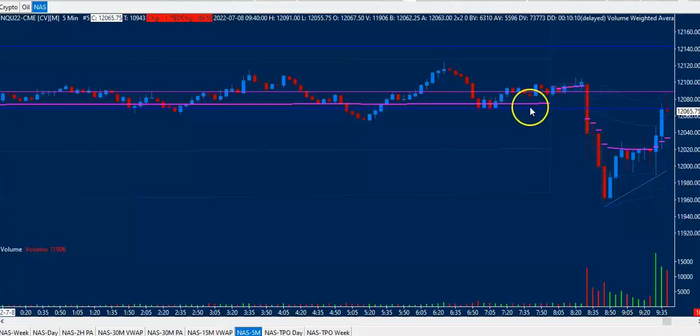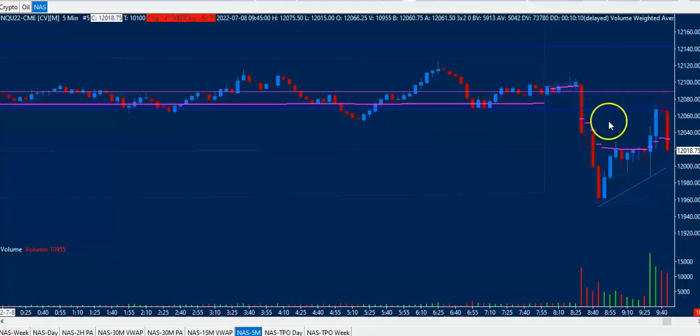All right, so that being said, let's quickly run through the rest of this. We get our entry here, and price quickly moves down back in our favor, right?